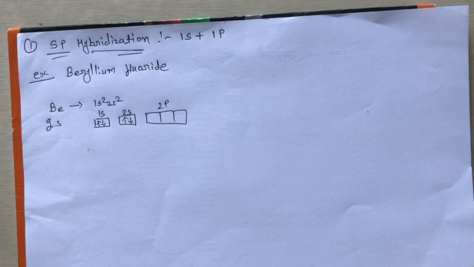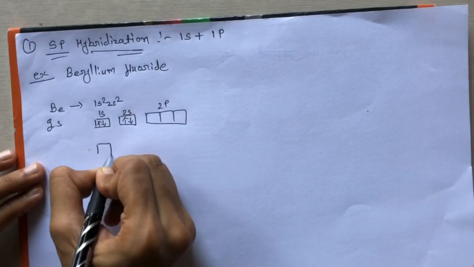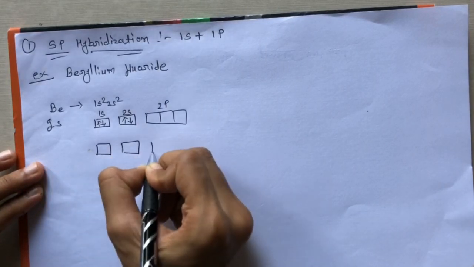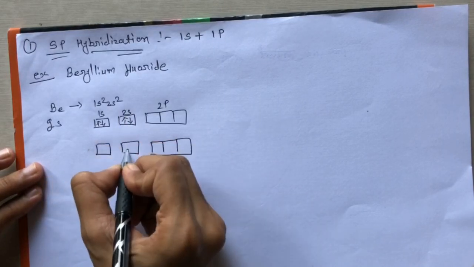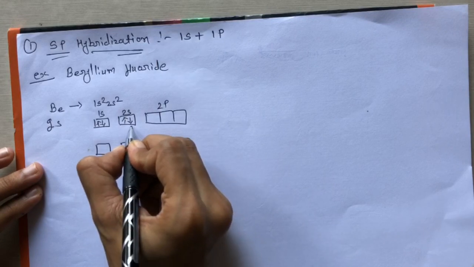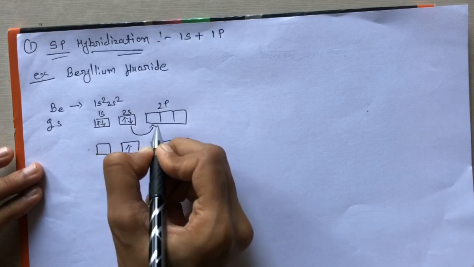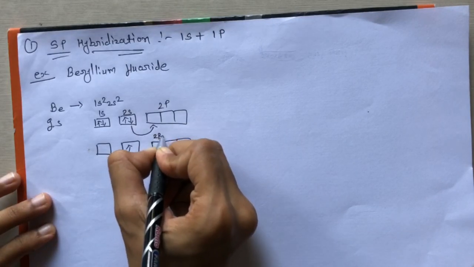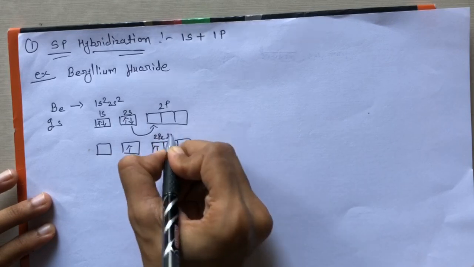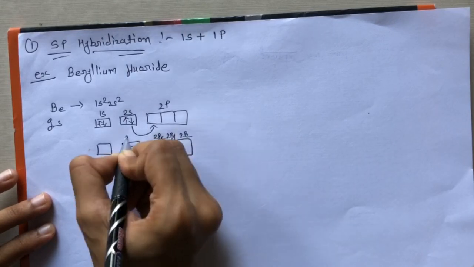So in the excited state, this electron gets promoted into the next empty orbital. For example, 2px, right? 2py, 2pz are there too.